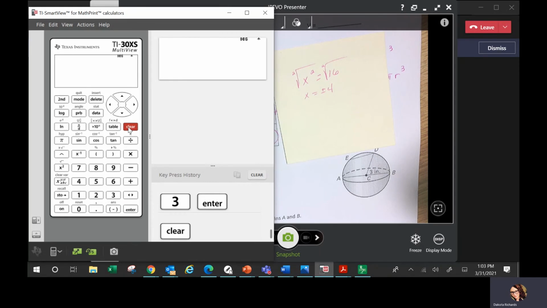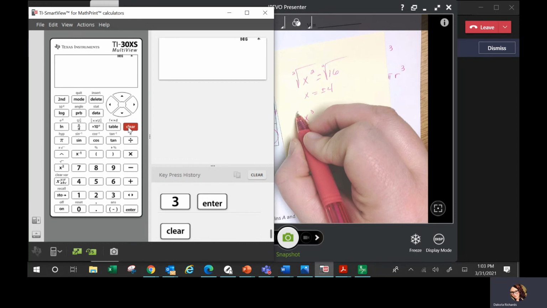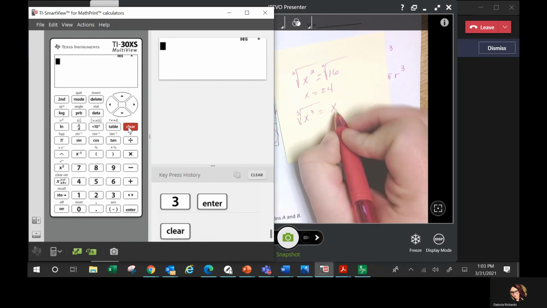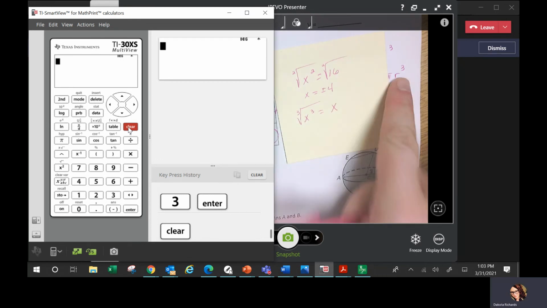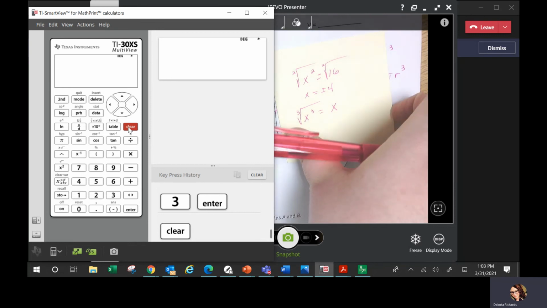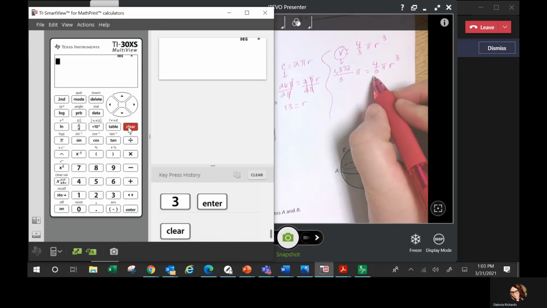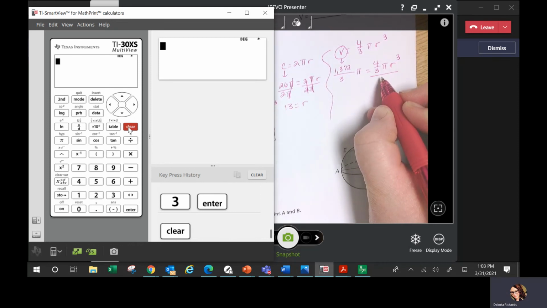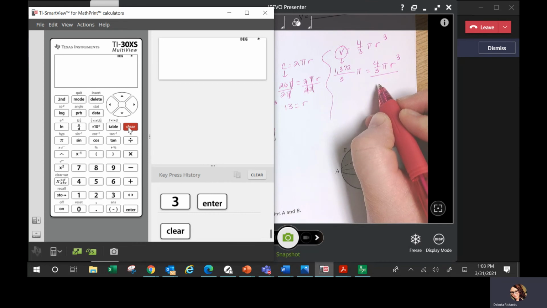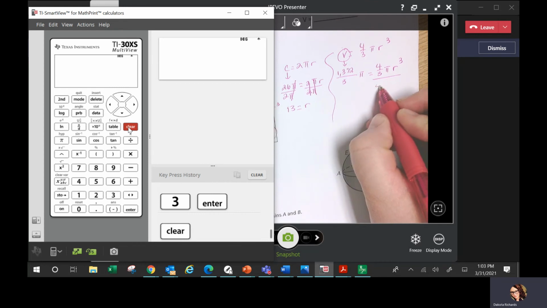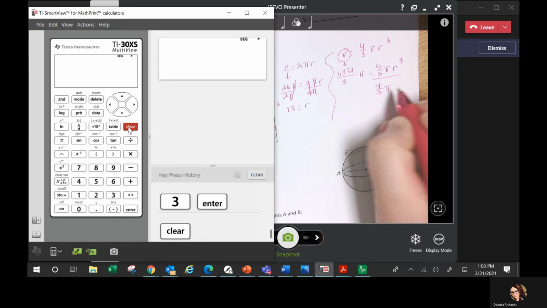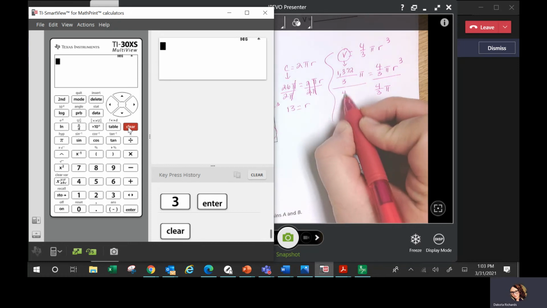But what happens when you have something cubed? You have to take the cube root. That's what we have going on here with R cubed. We have to take the cube root of that. So let's solve for R, get R by itself, and then take the cube root. With the R, you have 4/3 times pi. You're just going to divide by 4/3 pi on both sides.